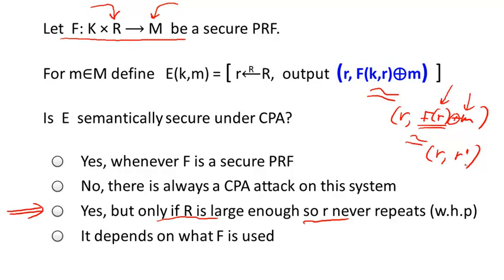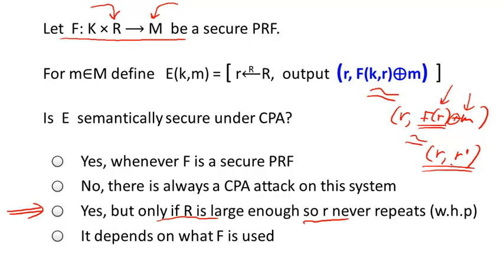I'll call them r and r prime. And so both in experiment 0 and in experiment 1, all the attacker gets to see are truly uniform random strings r, r prime. And since in both experiments the attacker is seeing the same distribution, he cannot distinguish the two distributions. And so since security holds completely when we're using a truly random function, it's also going to hold when we're using a pseudo-random function.